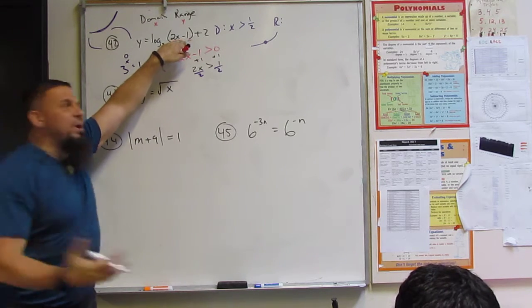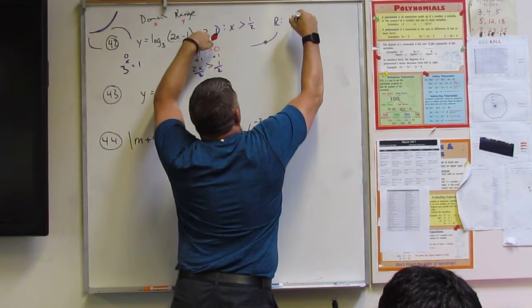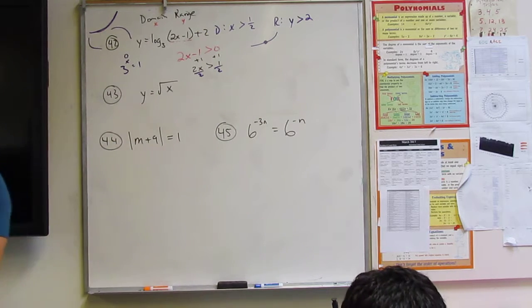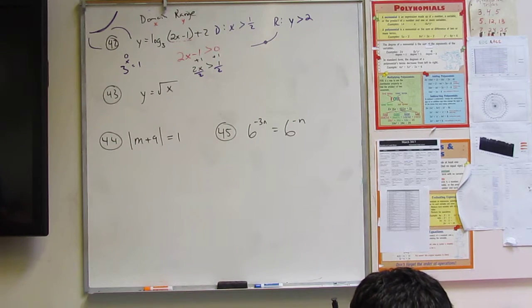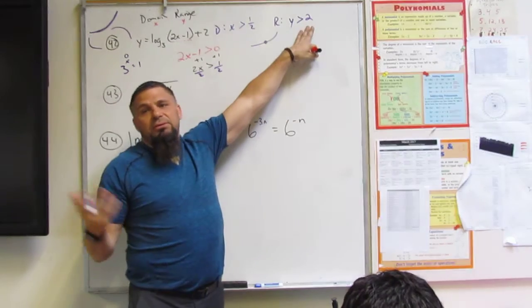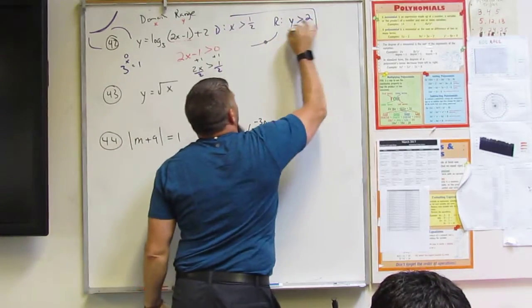It has to be bigger than this number, so y has to be bigger than 2. Because as soon as it hits 0, you can't take it. So it's got to be a little bit bigger than 0, which could be like 0.00000001, right? So that's going to make this a little bit bigger than 2. That's it. That's all we're looking for. And that's the domain and range, right?